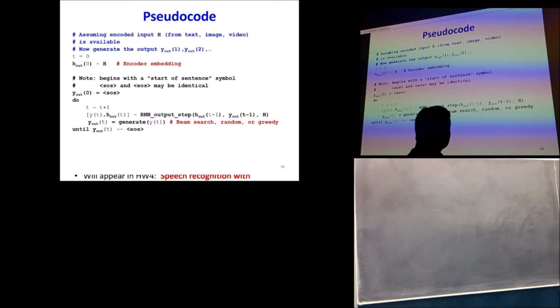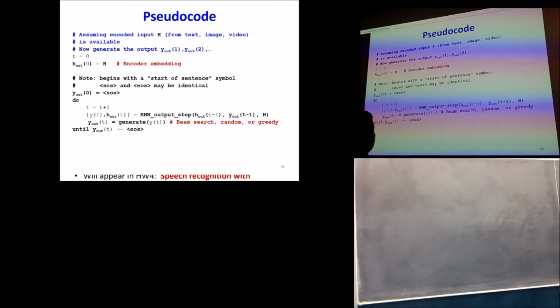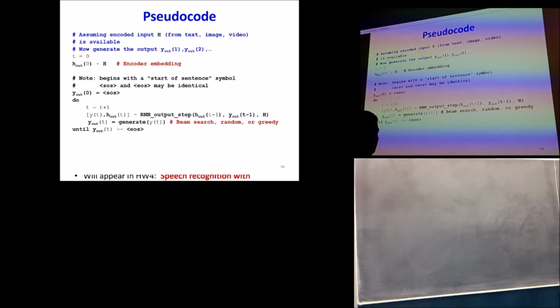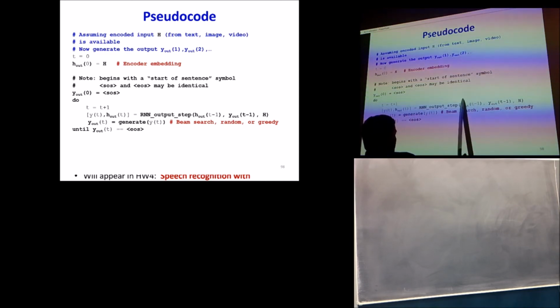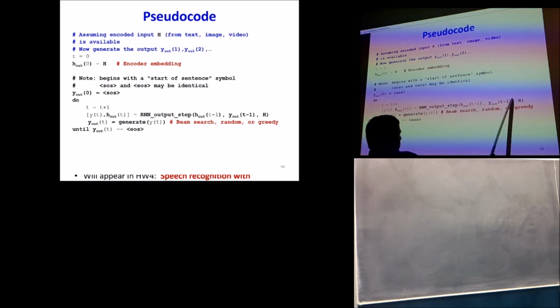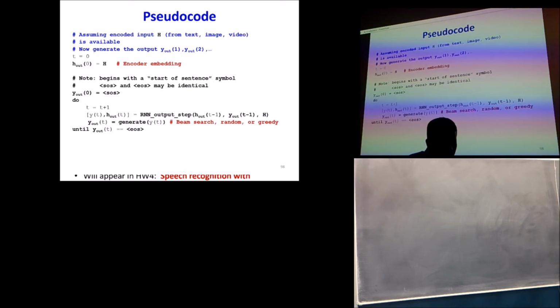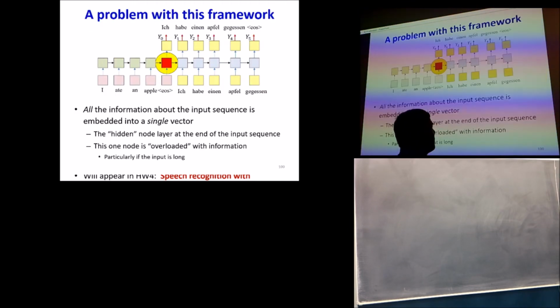So here's the pseudocode for this. Assuming that the encoded input is available, the recurrent output not only considers the hidden representation and the word output of the previous time, but also the encoder output, and continues as before. So basically, you're also considering the encoder embedding at every time.